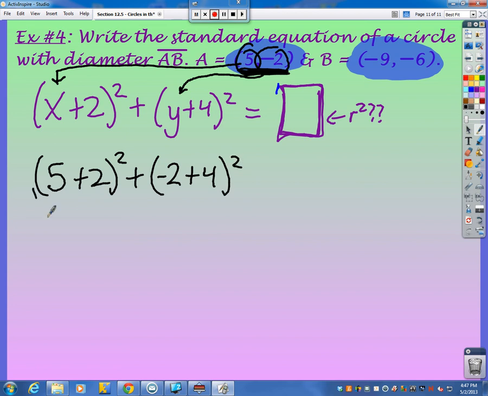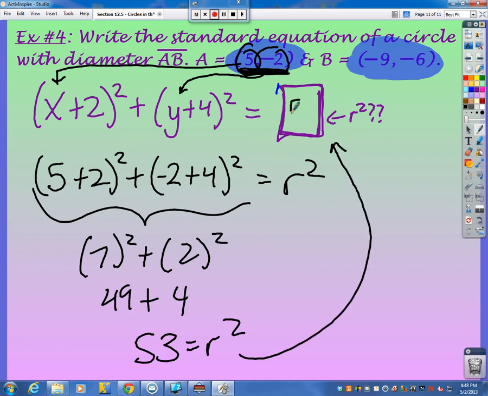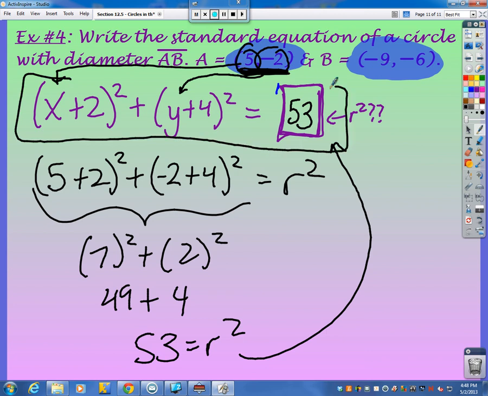And let's figure out what this really equals, because this should be my r squared value. So this will be, oh, not 3. What am I doing? 7 squared plus 2 squared. Well, that's 49 and 4, and together that makes 53. That is my r squared value. So that's the number I want to put in right here. And that is now my answer.